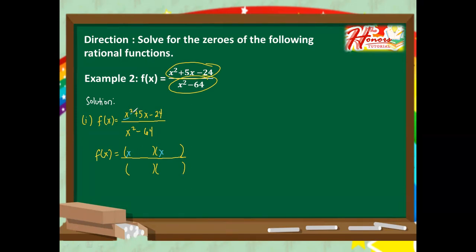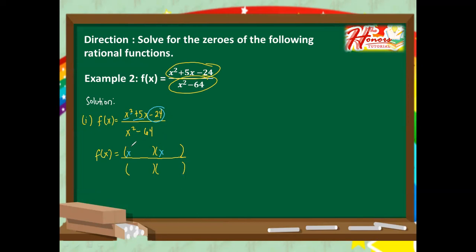It is telling us how many x's we have here, and that is two. Next, for our second term, I want you to think of numbers that when multiplied equal negative 24, and when you add the same numbers, the sum is positive 5.